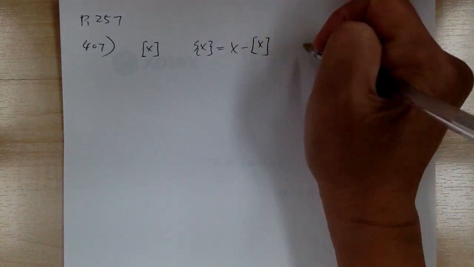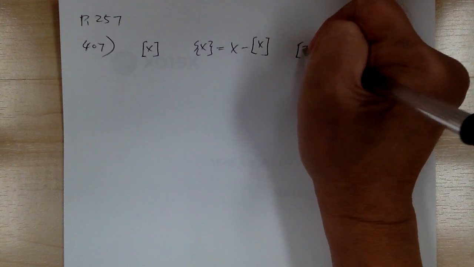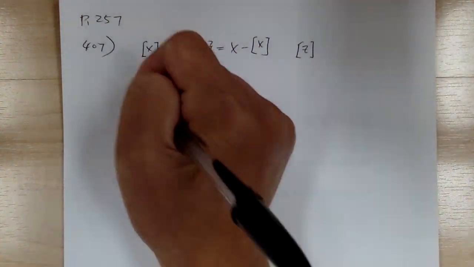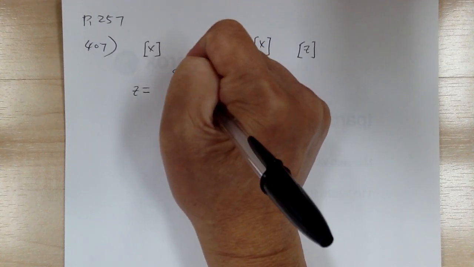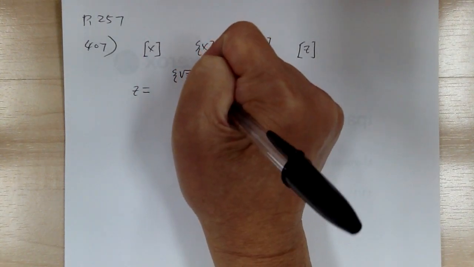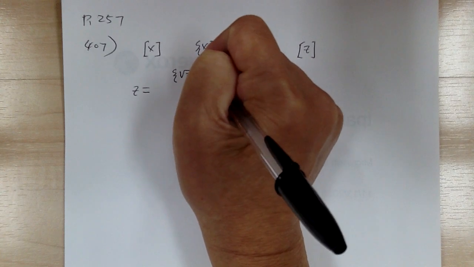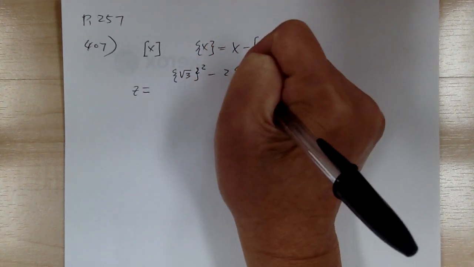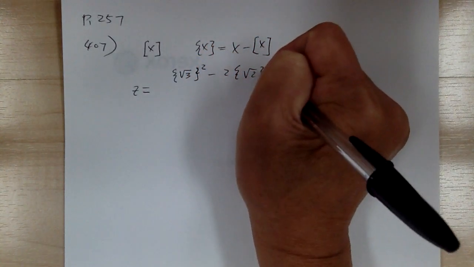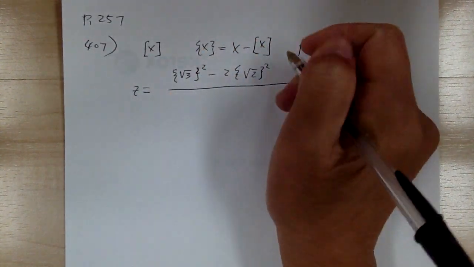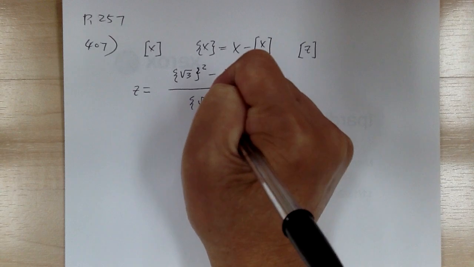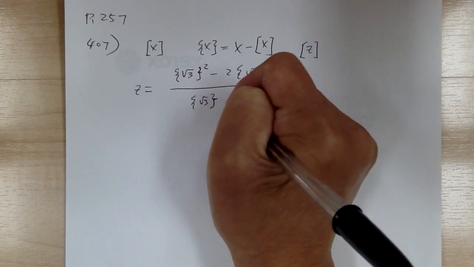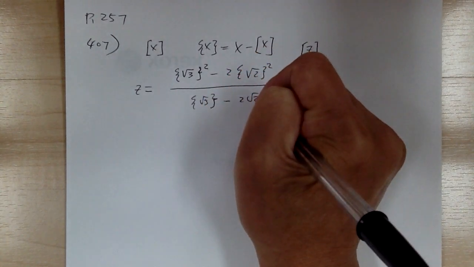And so you're looking for the greatest integer of z, where z equals the fractional part of square root of 3 squared minus 2 times square root of 2 squared, over square root of 3 minus 2 square root of 2.